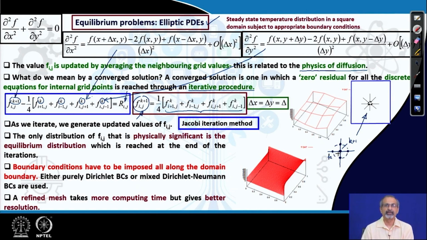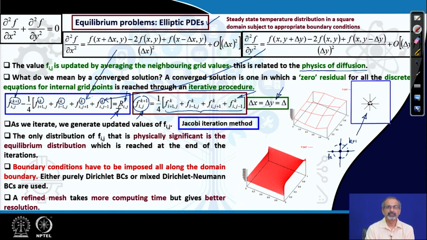So, here in order to obtain the solution, what we have to do is iterate the solutions by updating them based on arithmetic average of their neighboring values. If you have an equal grid size along x and y directions, you have a simple form that you have over here, and through the iterations the residual will go to 0 gradually.